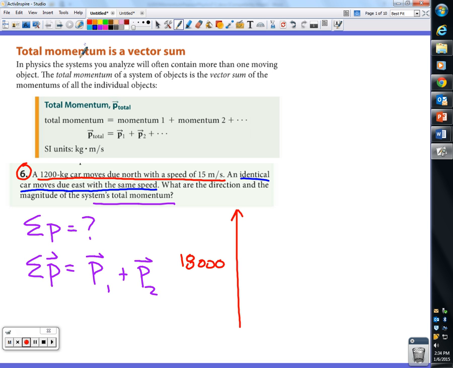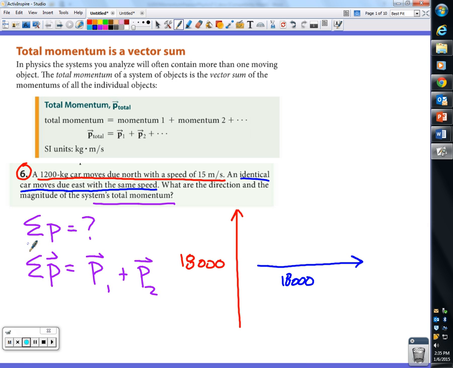It also says we have an identical car moving with the same speed, but traveling due east. So if it has the same mass and the same velocity, it has the same momentum.